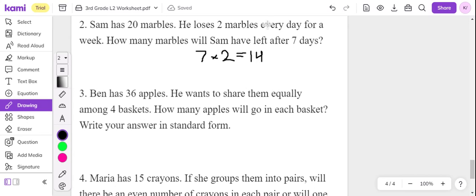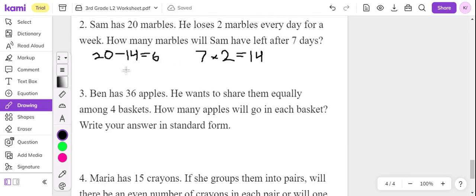If you guys need to do like 2 plus 2 plus 2 plus 2 plus 2 plus 2 plus 2, 7 times, that's fine, but we're going to do multiplication here. So we take the original 20 marbles and subtract it by 14, which gives us 6.